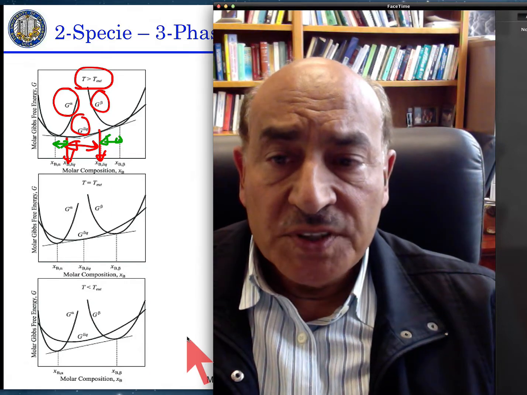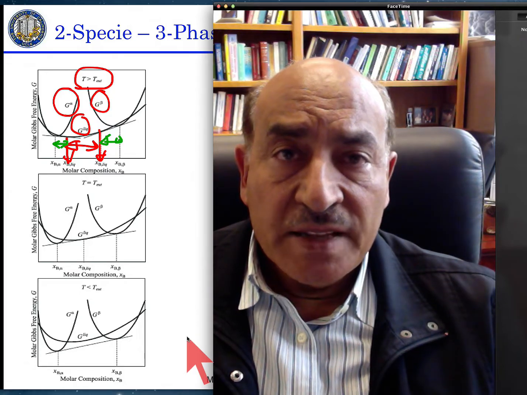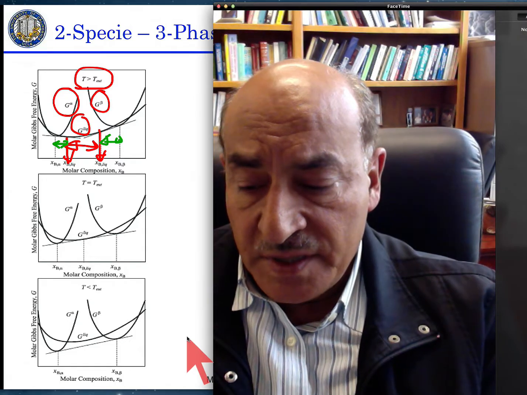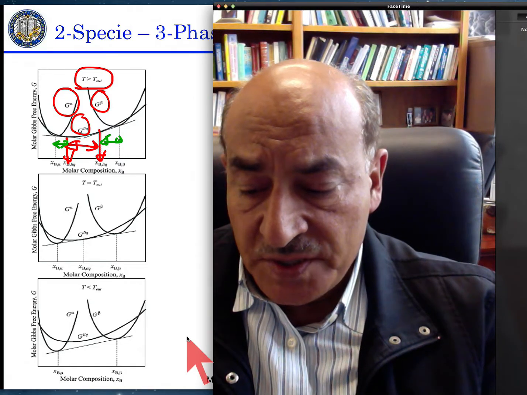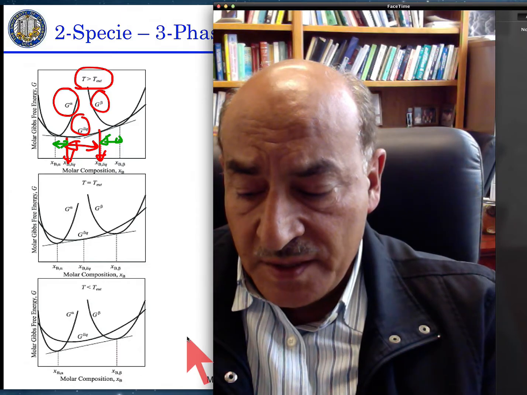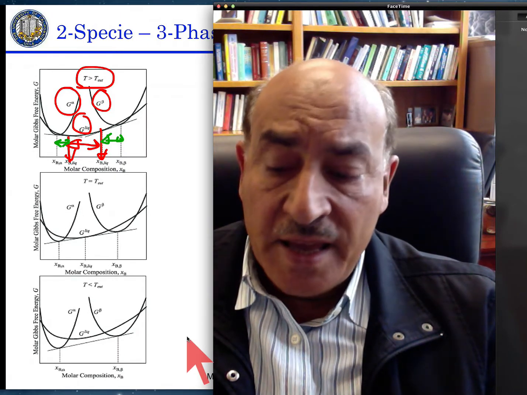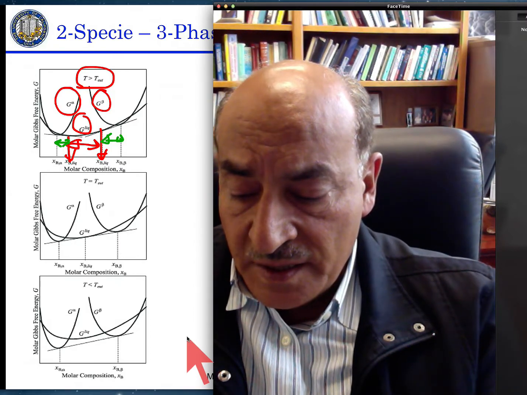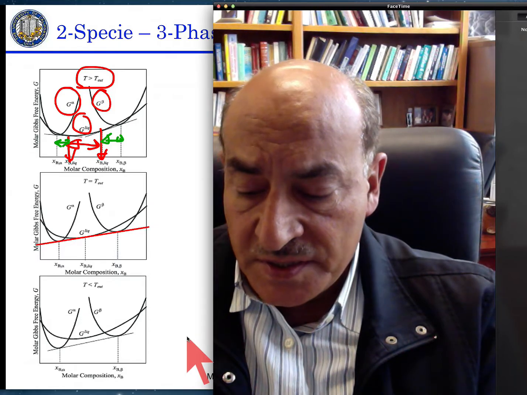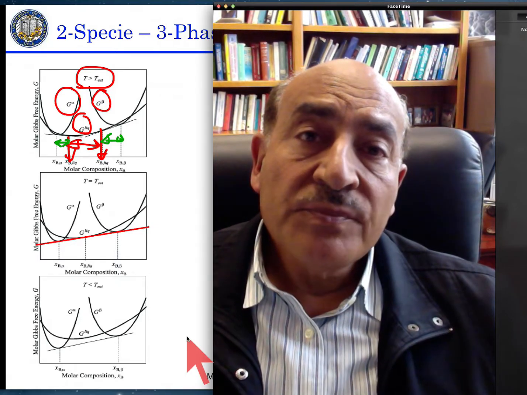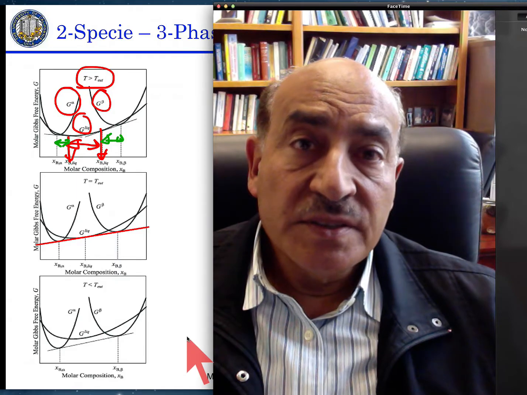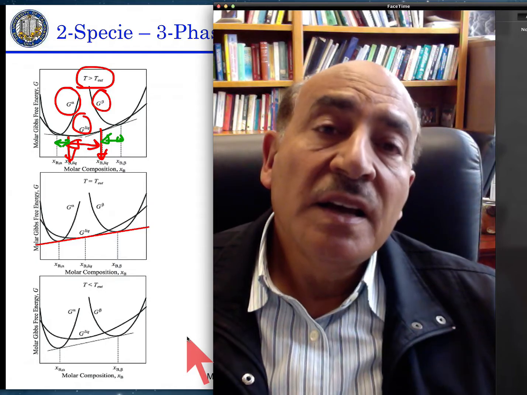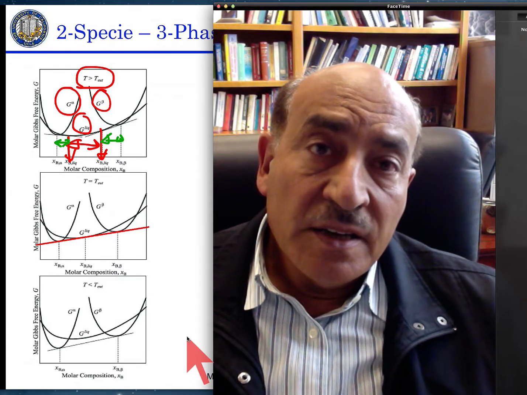If the temperature is now lowered to a point where we have the following situation, I succeeded in finding a temperature at which I have a common tangent to the three functions: the Gibbs free energy of the liquid, the Gibbs free energy of the alpha phase, and the Gibbs free energy of the beta phase.